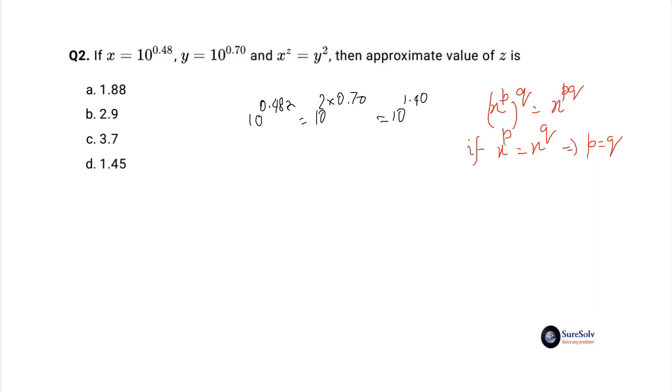The result has the bases on two sides of the equation, both 10. The powers must then be equal by the second concept on indices. So 0.48z equals 1.40, or z equals 1.40 divided by 0.48.